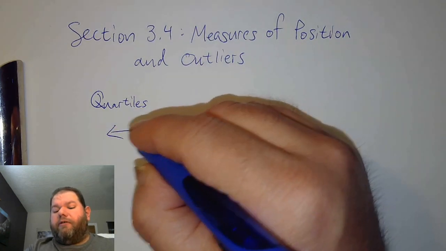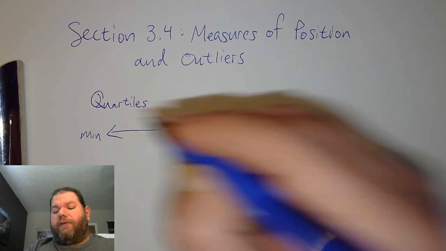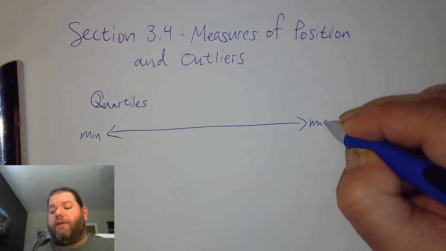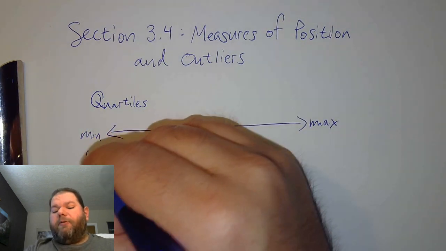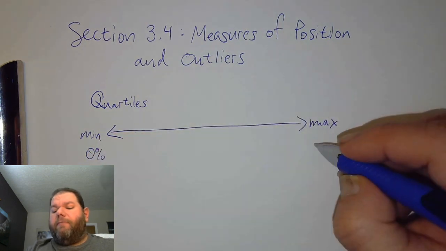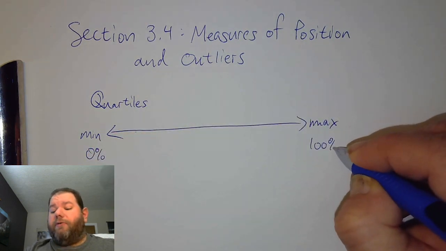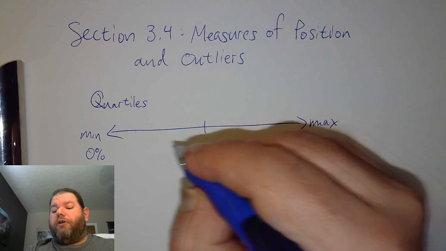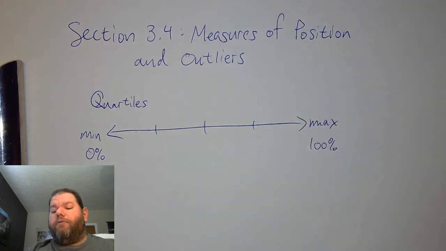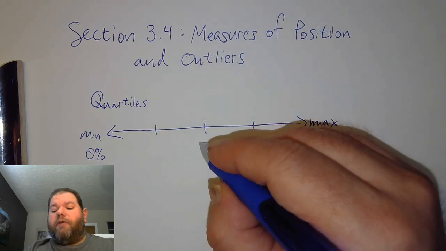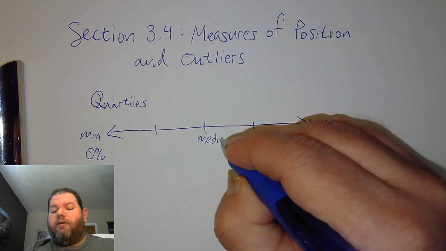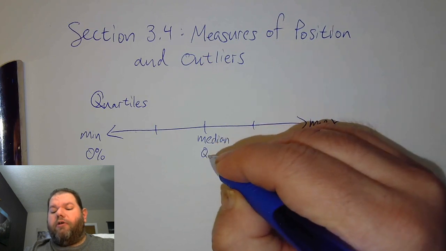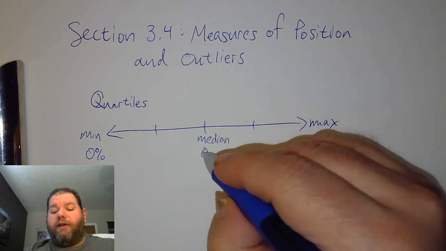Our data set might go from the minimum on one side to the maximum on the other side. The minimum is basically the 0th percentile, the maximum is basically the 100th percentile. And we're going to divide that into 4 equal chunks. Right here we have the median, which we could also call Q2, the second quartile.